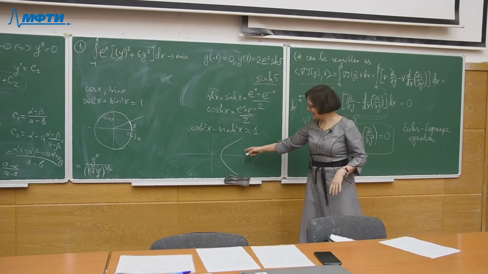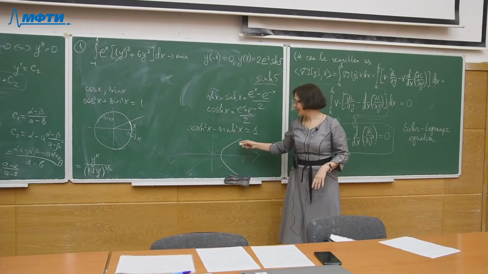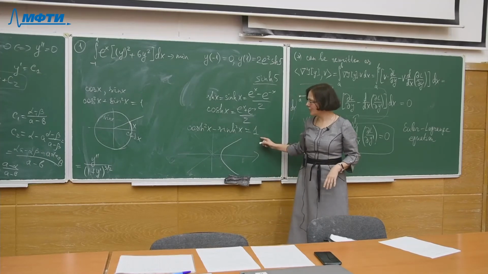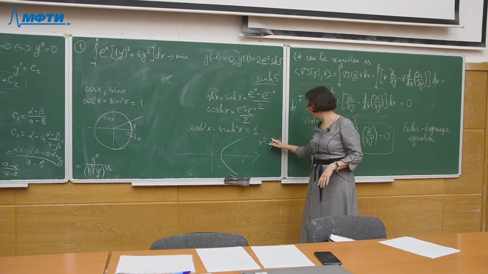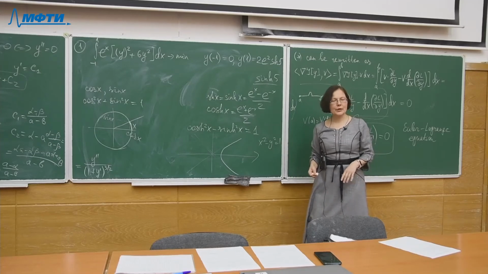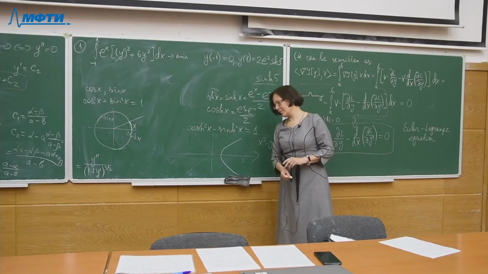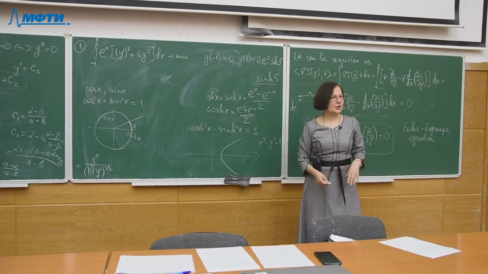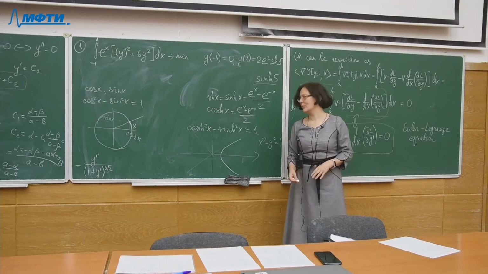So cosh and sinh both live on the hyperbola. This is the equation of the hyperbola: x squared minus y squared equals 1, a second order curve, or conic section. Hyperbola is a conic.